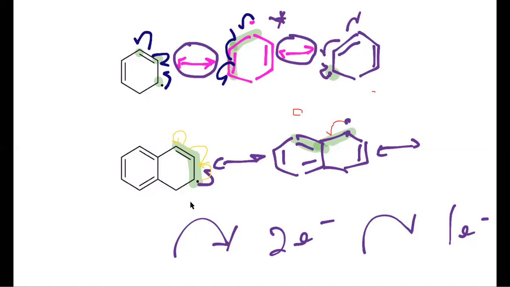Okay, and you've got a half arrow, which is good. With that move, you're going to take one electron from the pi bond. Great. And then the other electron is going to go where?